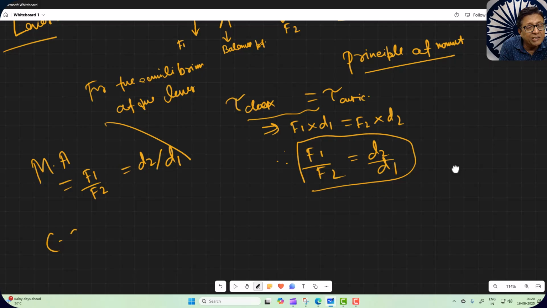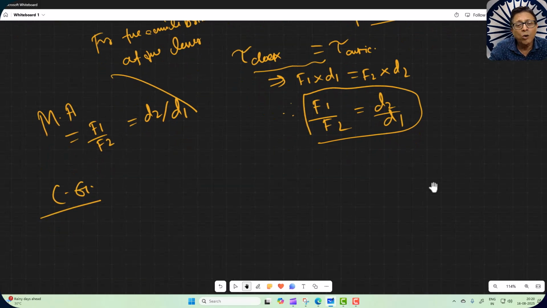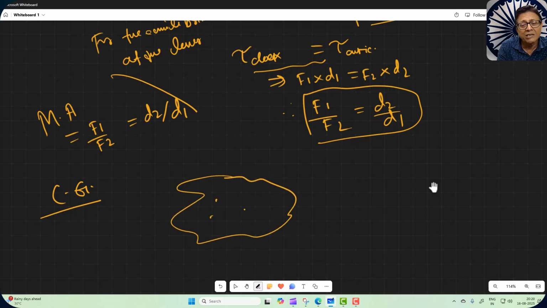Now we will do CG, center of gravity. Very easy to understand. An object or a rigid body, whatever it is, is made of many masses, their weight acting vertically downward. Okay? The point through which you can balance it is called center of gravity.